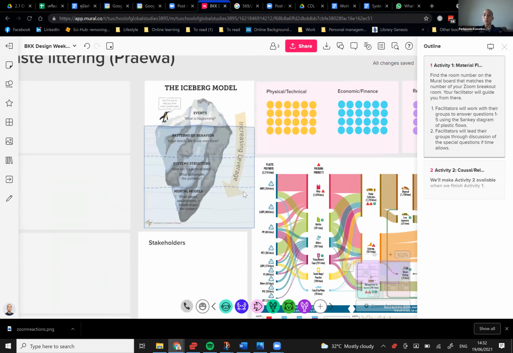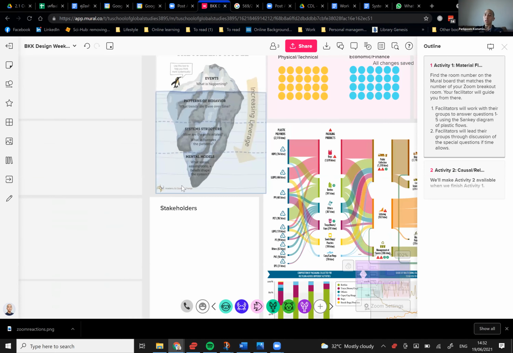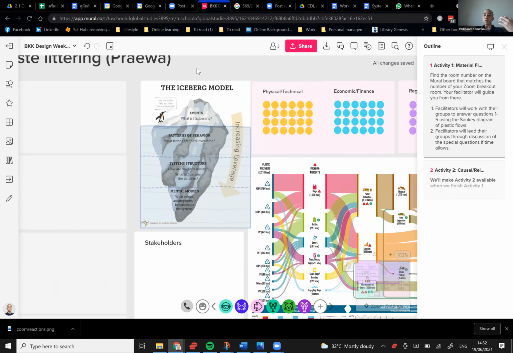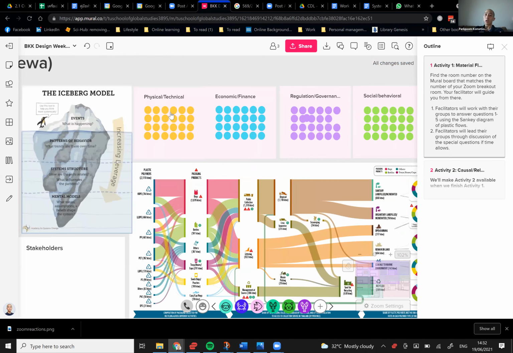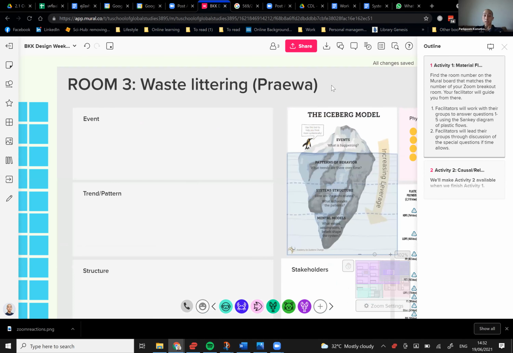Once you do that, he will also explain what we'll do in activity 2 apart from the iceberg model. It's first trying to link the aspect of the key driver in terms of whether it's technological, related to economic aspects, regulations or social behaviors, and so on. More information will be explained by the facilitators, but that's pretty much a brief introduction of activity 2 so far. So Chris, if you don't mind, we can get started.